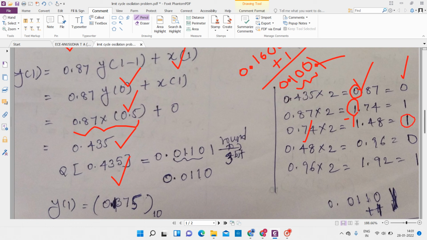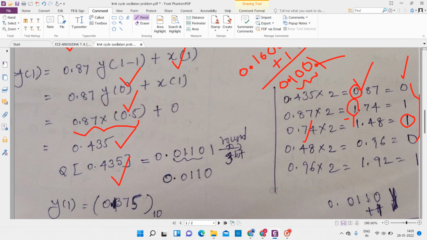The process continues. Afterwards again you have to consider the first 4 bits. So 0.0110. Afterwards you just add plus 1 to the fourth bit.